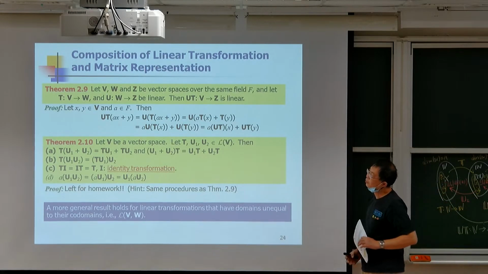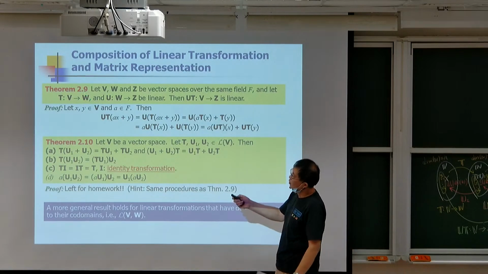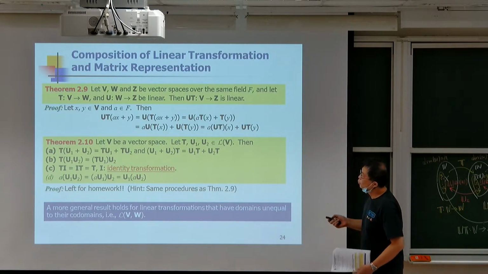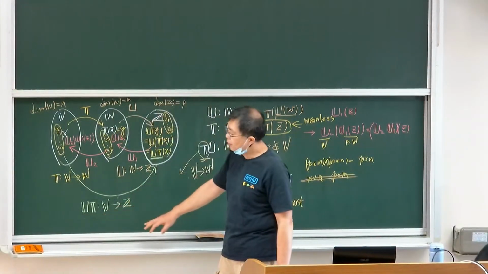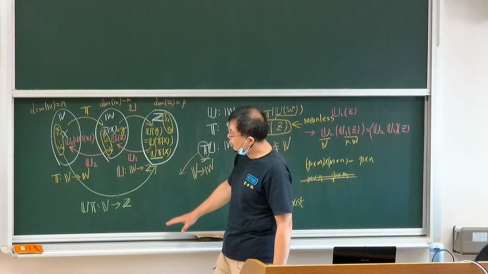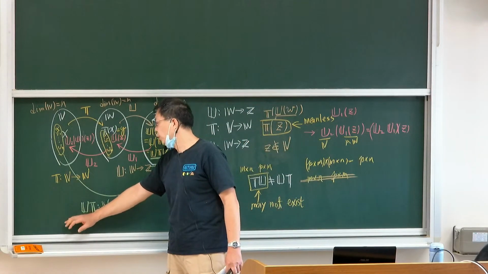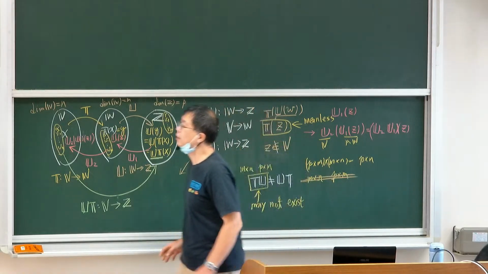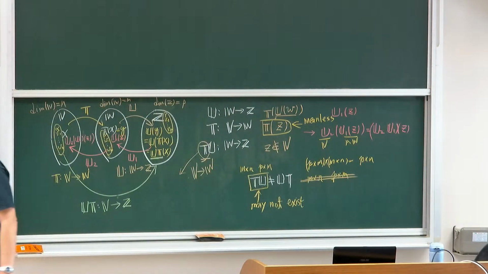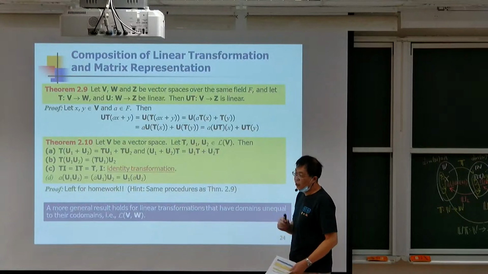Okay, so right now, with this background of the composition of linear transformation, we will begin to discuss Theorem 2.9. Theorem 2.9 says that if I have a composition of linear transformations in which U and T are linear, then the composition is also linear.